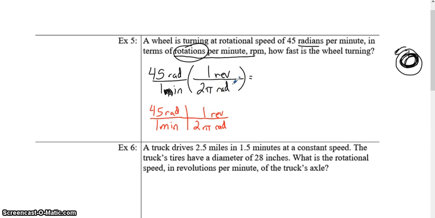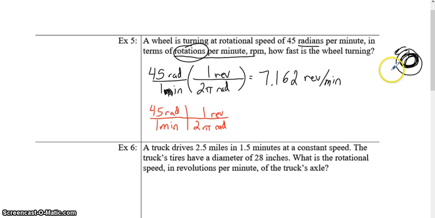And unless it tells you differently, if it doesn't ask for anything, you can go ahead and round to 3 decimal places, or 7.162 revolutions per minute, or RPMs.